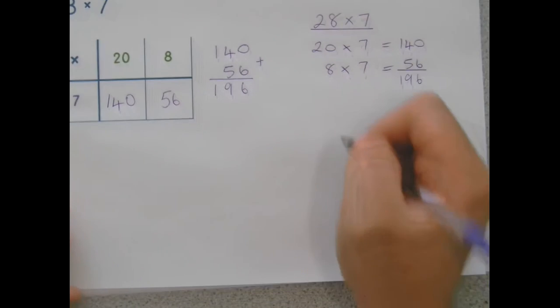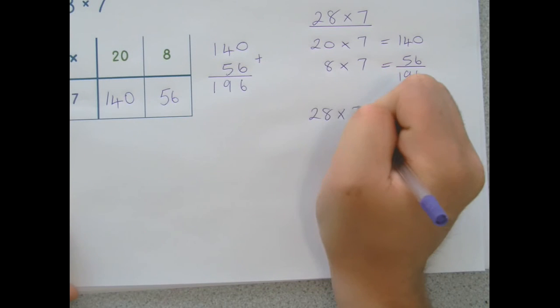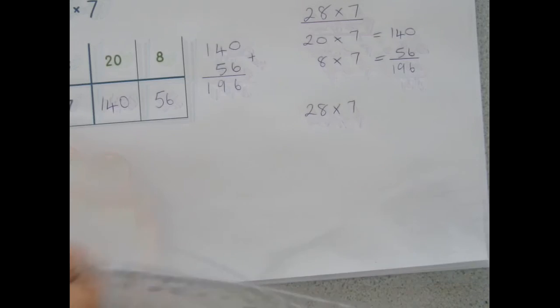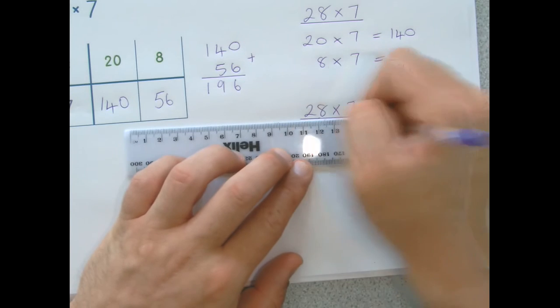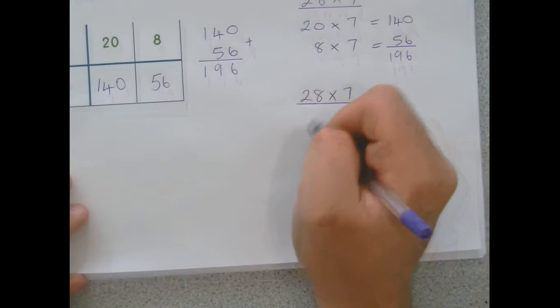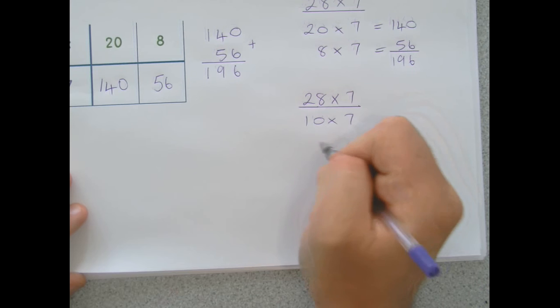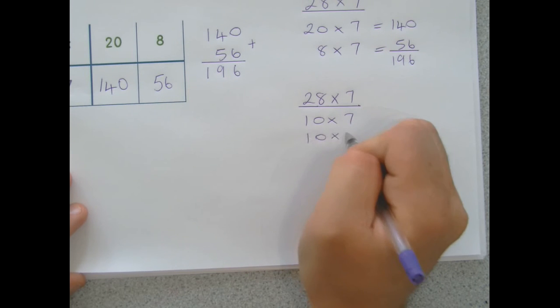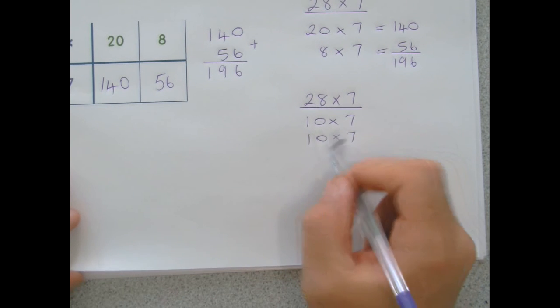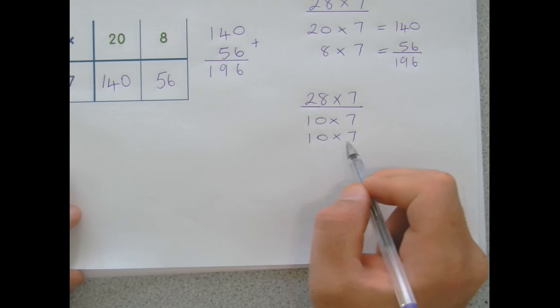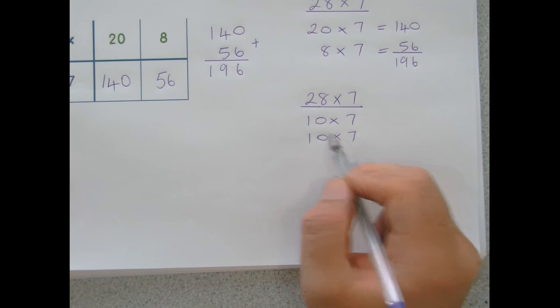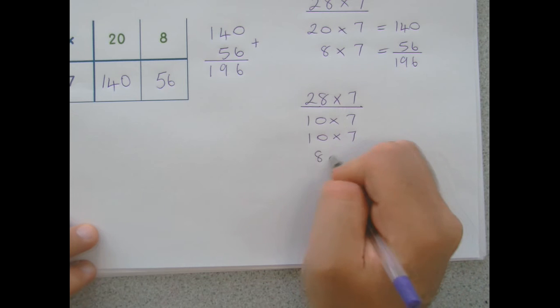Even simpler, 28 times 7, you could split it up so that you've got 10 times 7, another 10, of course, times 7. Now that would give me 20 lots of 7, 10 times 7, and another 10 lots of 7 is 20 lots of 7, and of course 8 lots of 7.